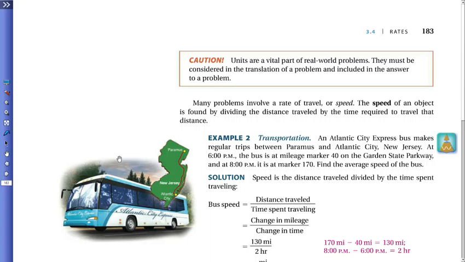And then here's another caution, and these are really good to pay attention to, is that usually they're trying to point out where there's a lot of errors. It says units are a vital part of real world problems we must consider in translation of a problem and include it in the answer to the problem.